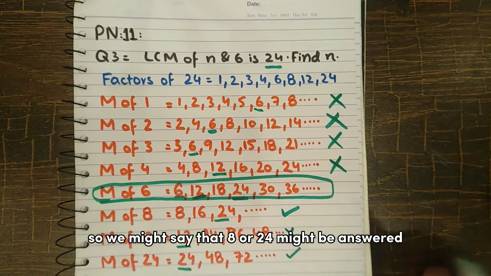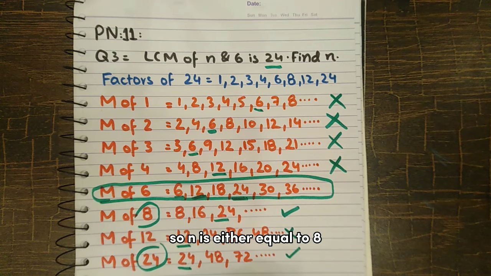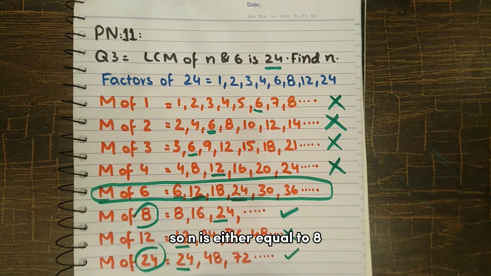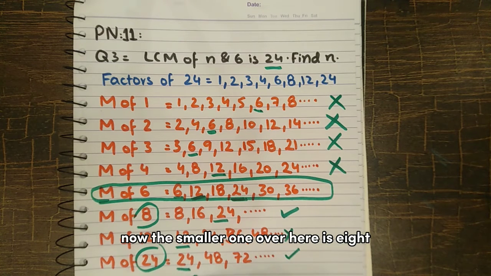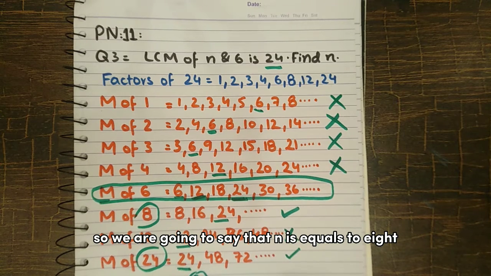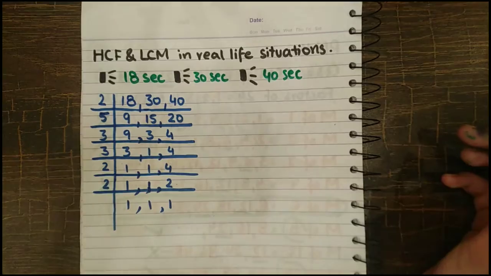So n is either equal to 8 or n is equal to 24. But they asked us to find the smallest value of n. The smaller one over here is 8, so n is equal to 8, and that is our answer.